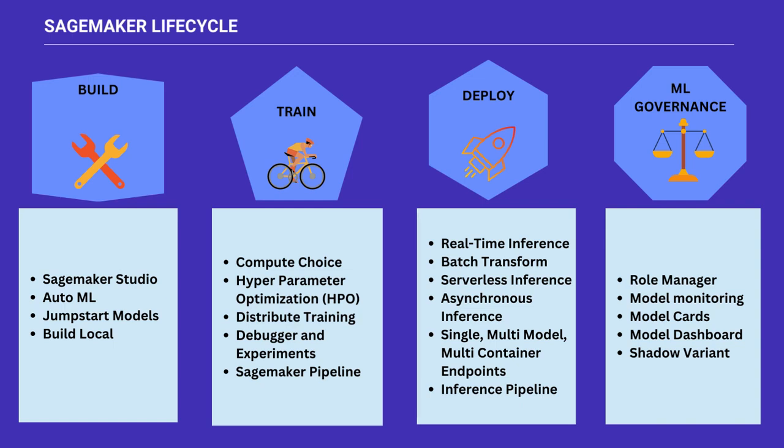Okay. Then shadow variant, this is a new feature which was announced at the recent re:Invent. The shadow variant is nothing but when you are getting a real-time inference call, and at the same time you are deploying a new model, right before deploying it, it will receive all the requests in real time.